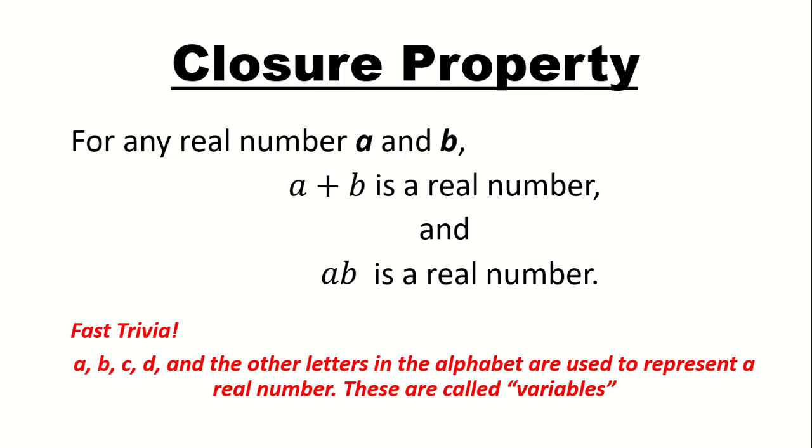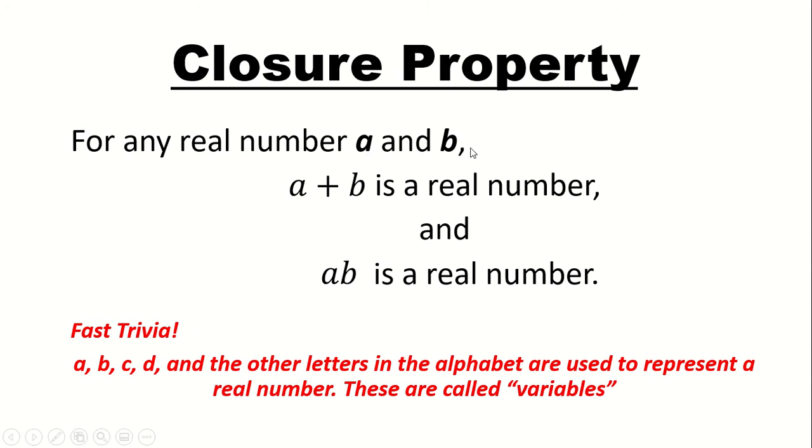So let's try to generalize all the real numbers that we know. We usually use a letter as a symbol, so letter A can be any real number that you know. It can be 5, 6, or 8, as long as it's a real number that you know so far.